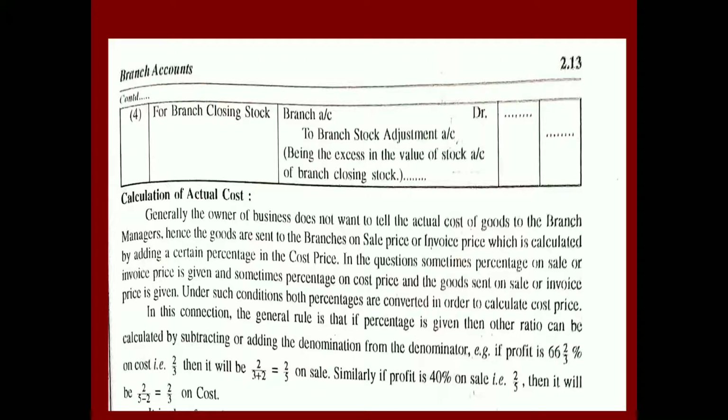If profit is 2/3 on cost, then it will be 2/3 plus 2, that is 2/5 on sales. Similarly, if profit is 40% on sales, that is 2/5, then it will be 2/5 minus 2, that is 2/3 on cost.